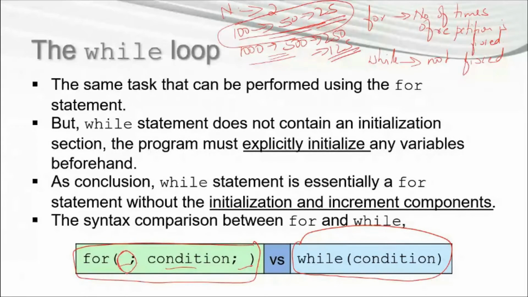Since here it is blank, the variable is to be initialized somewhere else before the loop. And this is also blank, so the increment or decrement is done somewhere else. So in the case of while also, the increment as well as the decrement is to be done somewhere else. So the syntax comparison between for and while is given.